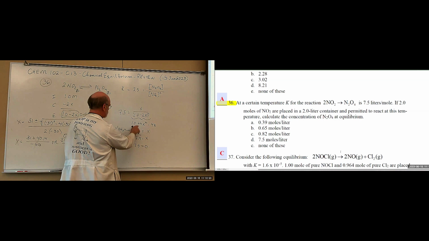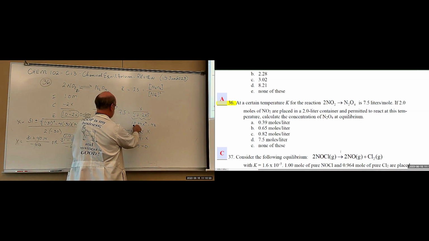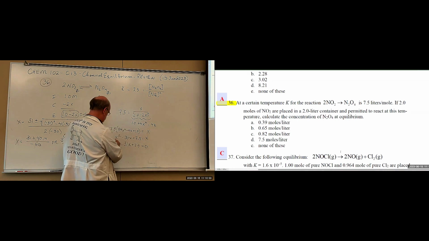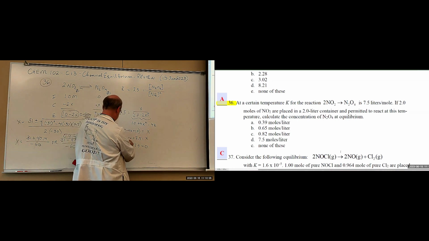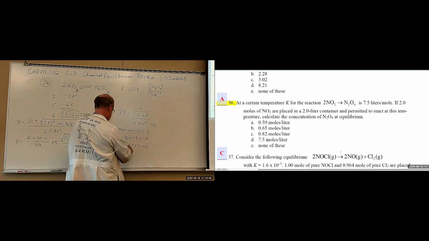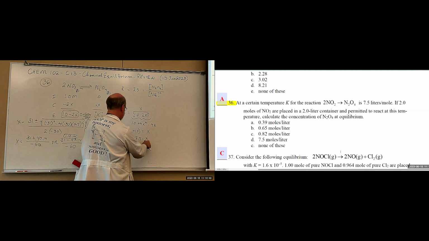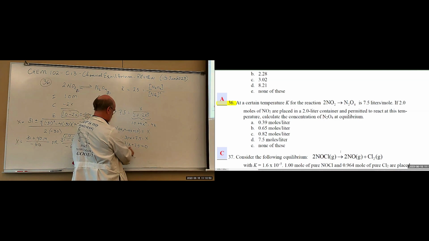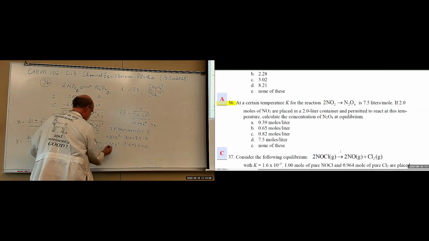That's negative. Let's see, does that affect the rest of it? 7.5, 4x squared minus 4x plus 1. Okay. And that's 1x. Okay, so this is correct.